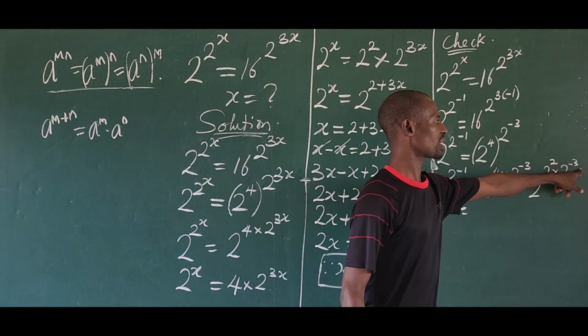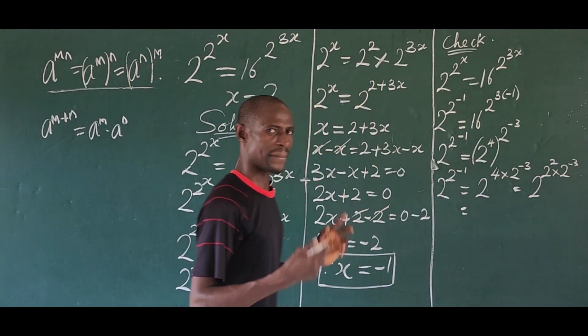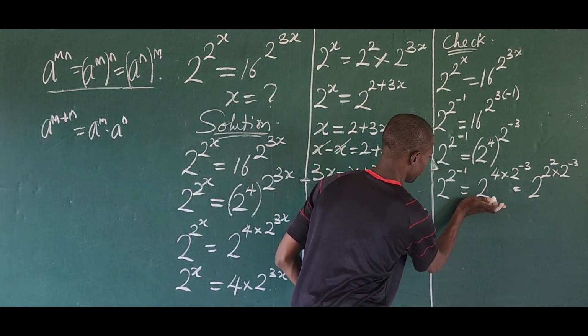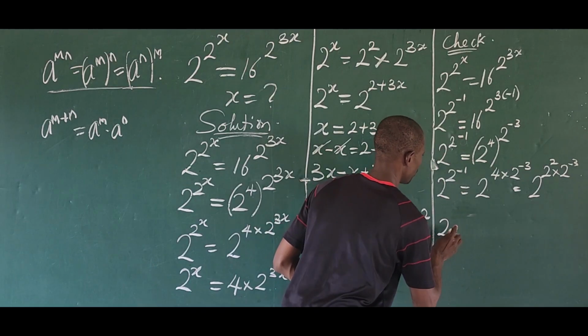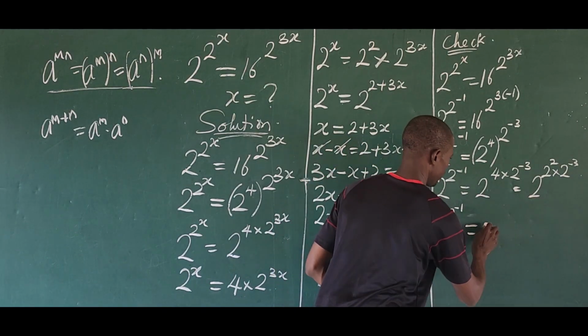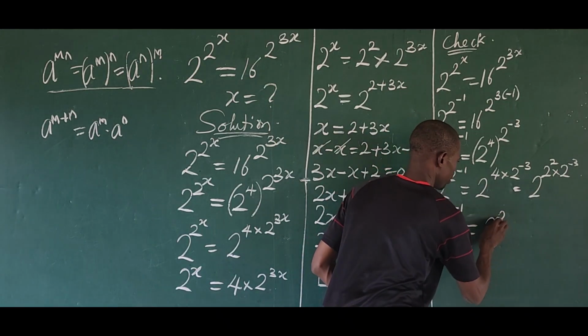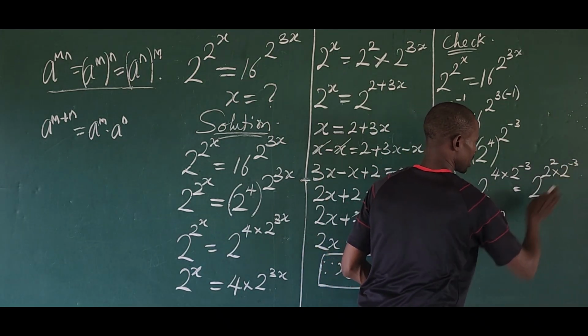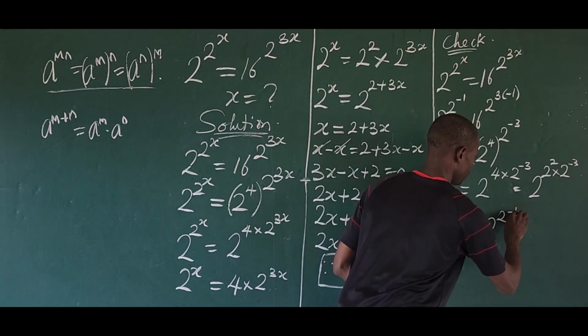So 2 minus 3 will give us what? Minus 1. So this side we have 2 to the power of 2 raised to minus 1 equal to 2 raised to the power of 2 minus 3, which gives us minus 1.